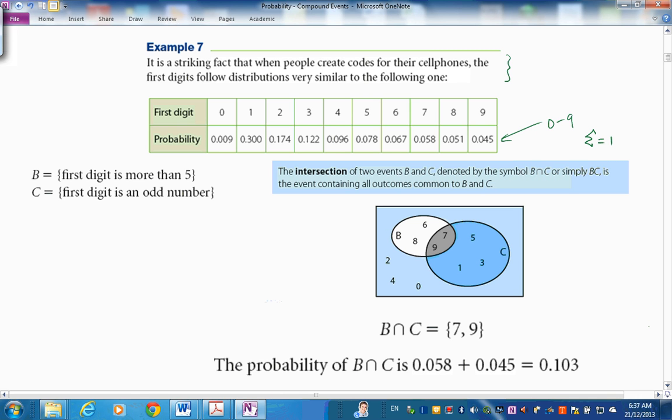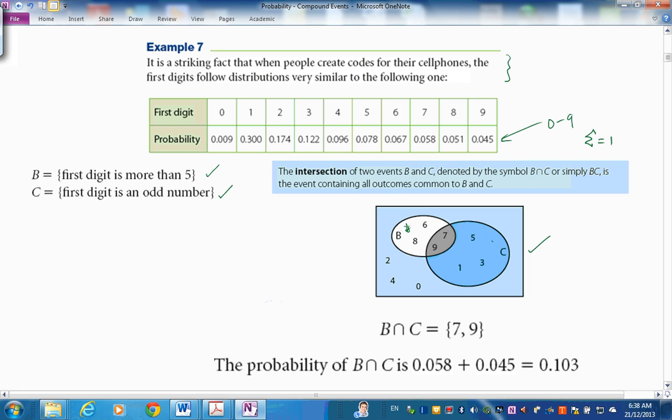Okay, all right, so what were we looking for there? There were two events. First digit is more than 5, and the first digit is also an odd number. So we have this diagram here. Let's just check it out. Okay, so B is digits more than 5, so it starts at 6, 7, 8, 9.